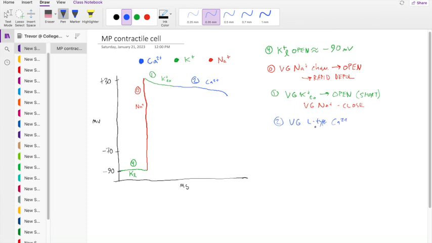Remember that L stands for long. They're open a long time. And we also, at this step, have our voltage-gated potassium transient start to close.